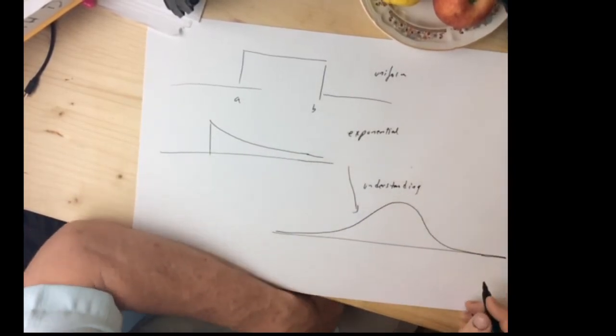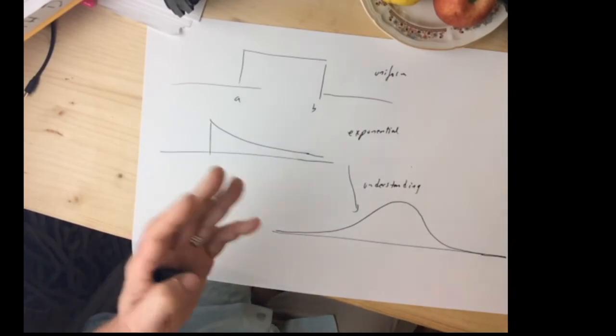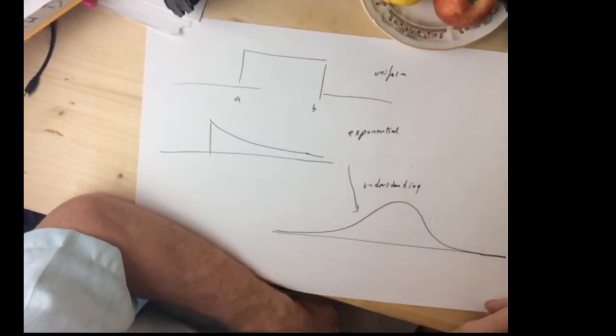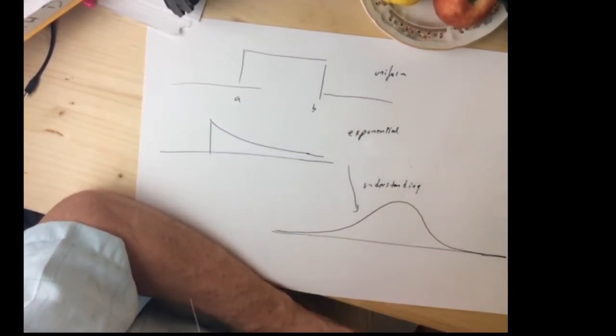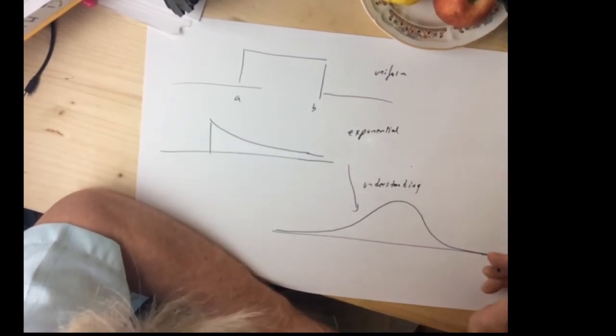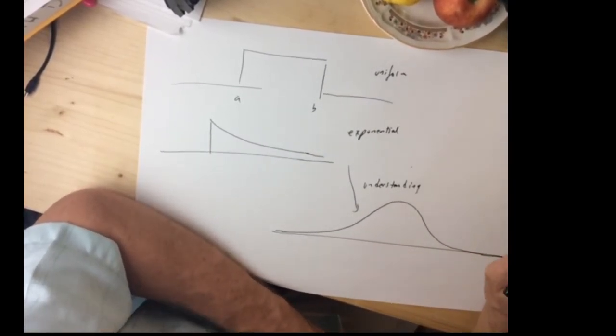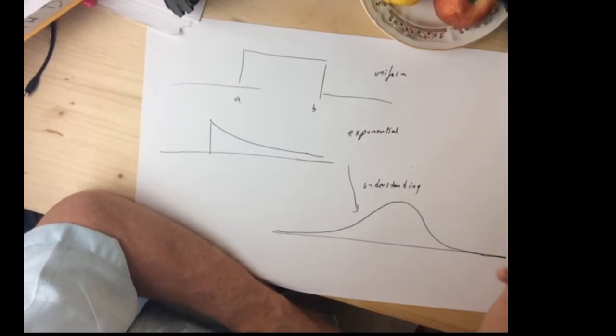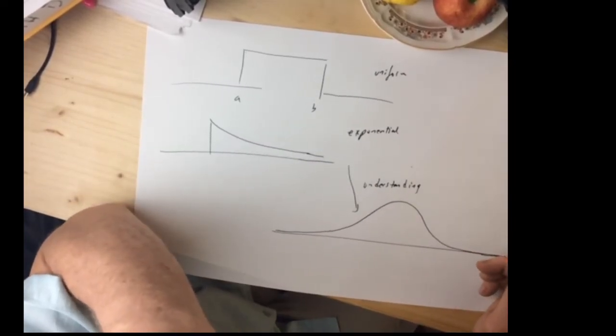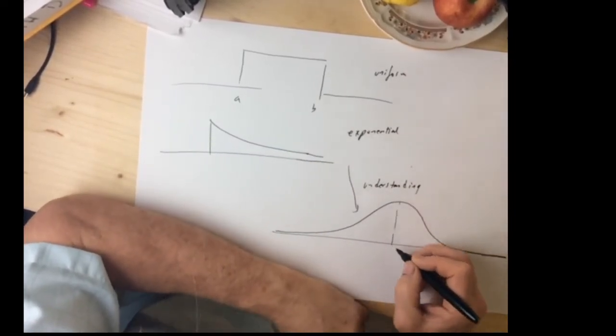This beautifully symmetric, one-bumped curve. As long as its original integral is less than infinity, we're going to make it have an integral of 1. It's going to be a distribution. It's going to have a center value.